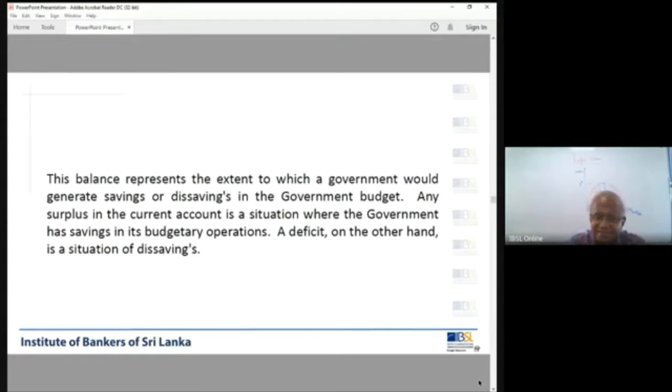Savings does not necessarily imply it is bad. Again, savings does not necessarily imply it is good. In the case of government, they are dealing with people, government employees.